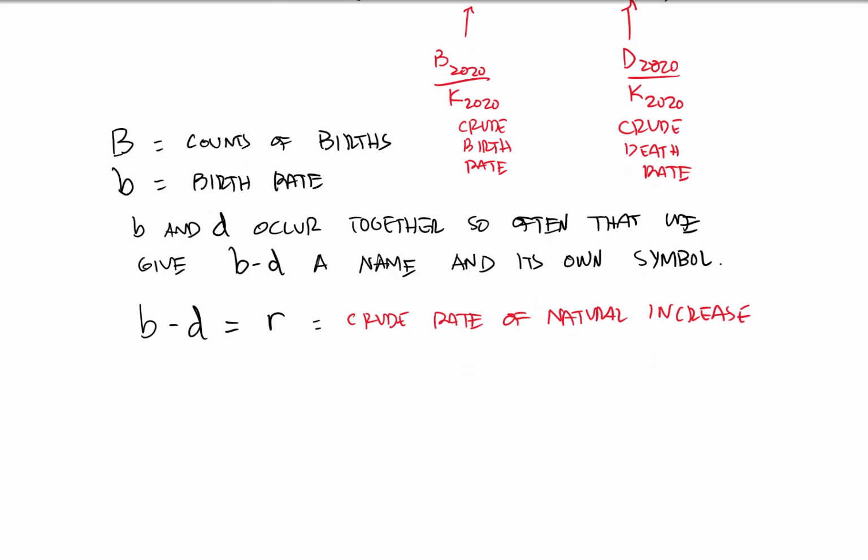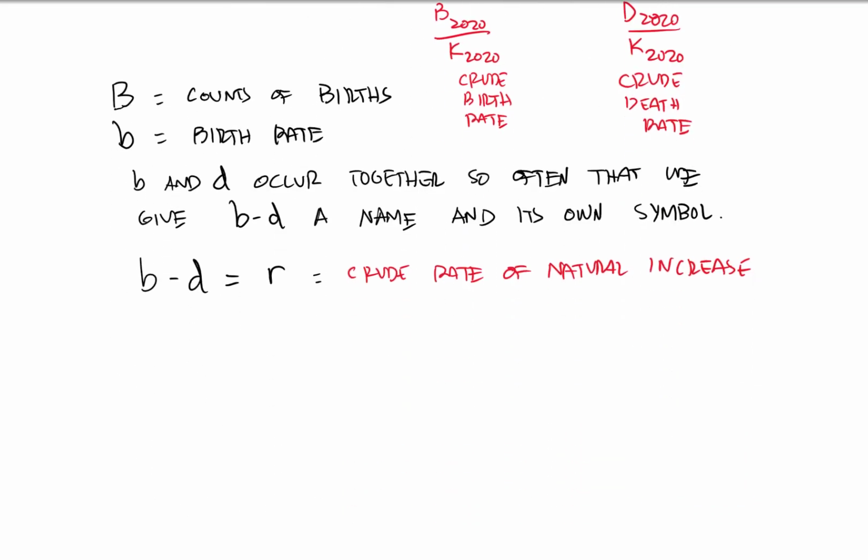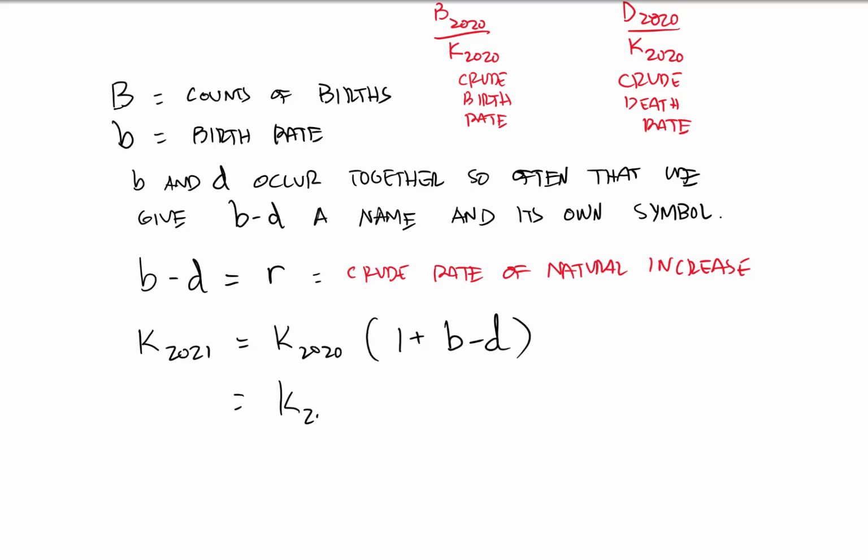Let me rewrite now our original equation. It is K 2021 equals K 2020 times 1 plus B minus D. And that's going to be K 2020 times 1 plus r.